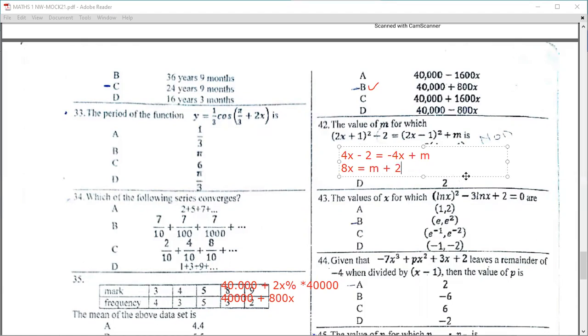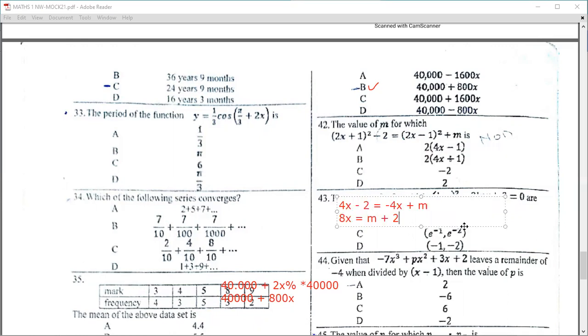So our m here should be equal to 8x minus 2. Let's factorize and see the answers that we have there. So we'll have 2 into 4x minus 1. Yes, the answer is A.